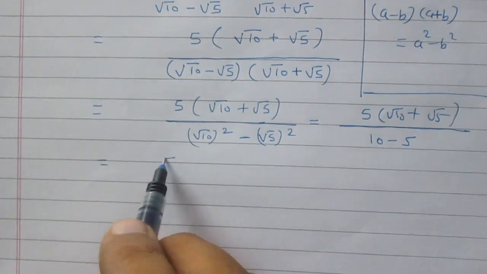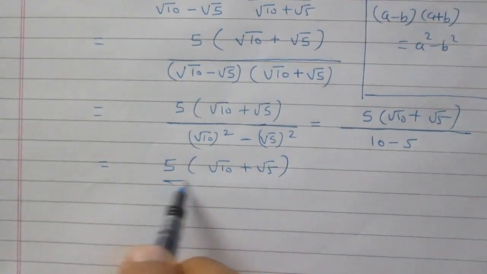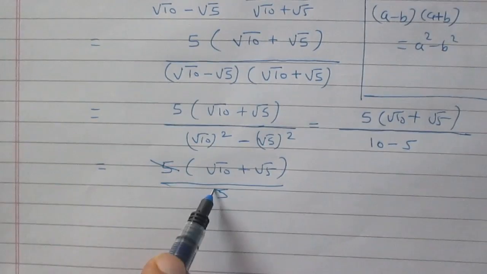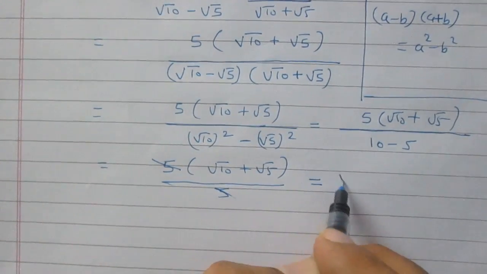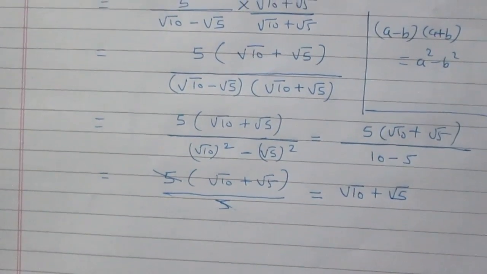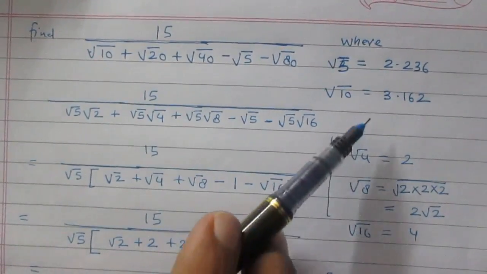So further we can write it as 5 times of square root 10 plus square root 5 whole divided by 5. 5 in the numerator is cancelled by the 5 in the denominator, and finally you will get square root 10 plus square root 5. But you are given the values of square root 10 and square root 5.